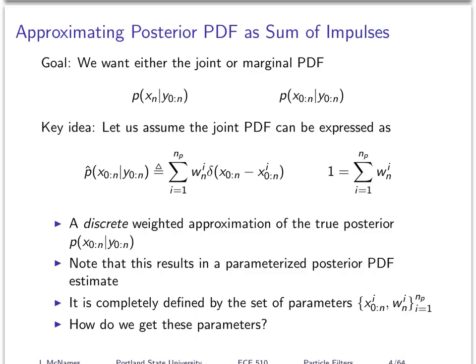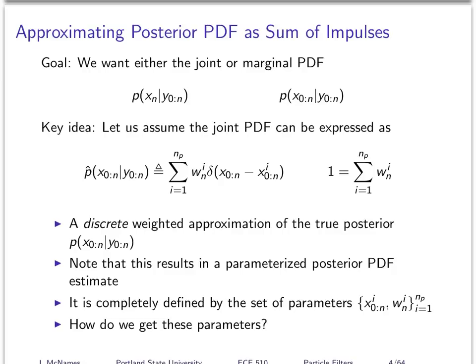If you'll recall from the optimal tracking slides, we talked about two different posterior distributions. One is what I call the marginal, and one is what I call the joint. I call this the joint because this is the PDF of the entire trajectory of the state from time 0 to time n. Keep in mind the state at any given time is itself a vector, so this distribution is very high dimensional. It grows with time.